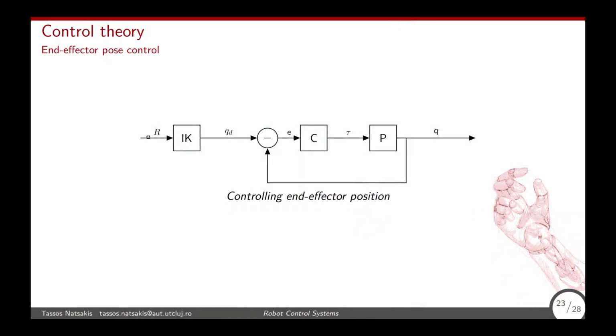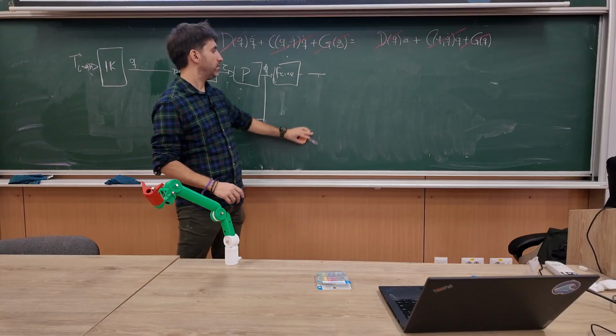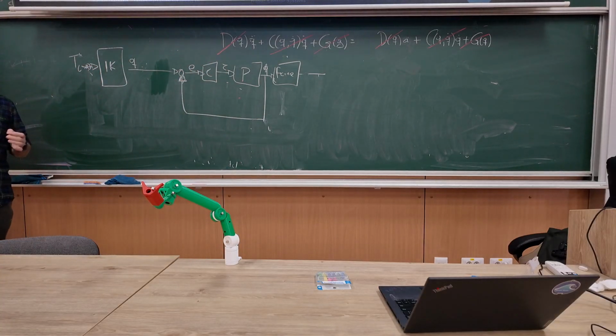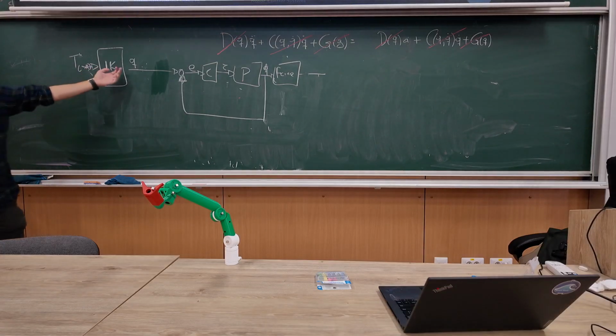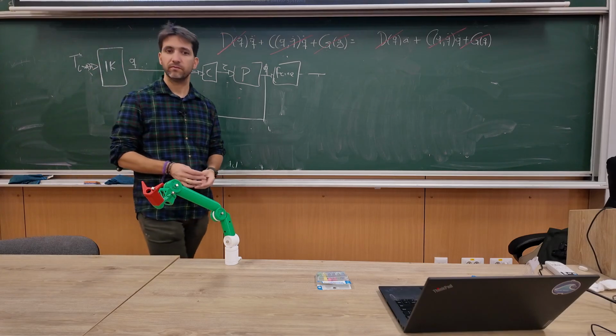We typically do this without this feedback. We typically start with end effector pose, target pose. We decompose that to joint coordinates, and then we do the control at the joint level, right?